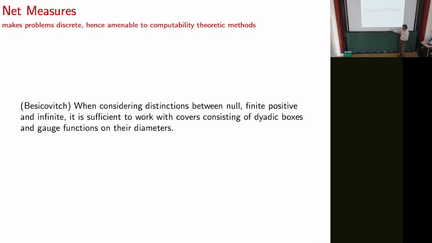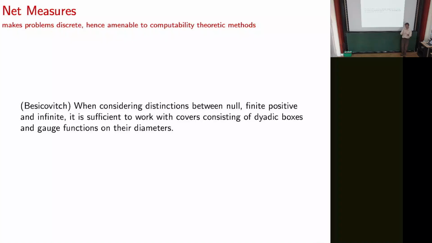So Besicovitch showed that it doesn't matter if you use closed sets in your cover or semi-open or open sets, it doesn't change whether sets have infinite or finite positive or zero measure. And it also doesn't matter if you restrict yourself to open covers which are unions of dyadic basic open sets.